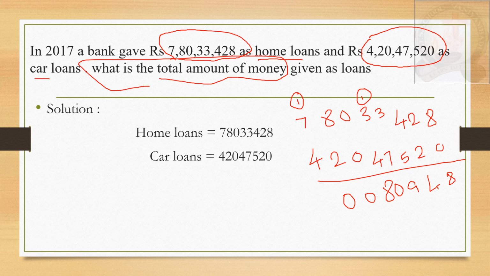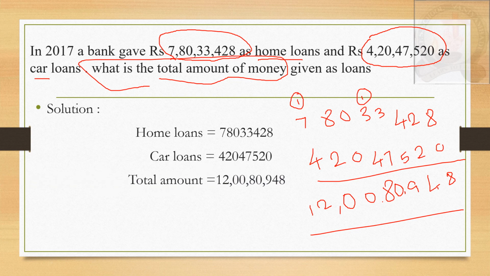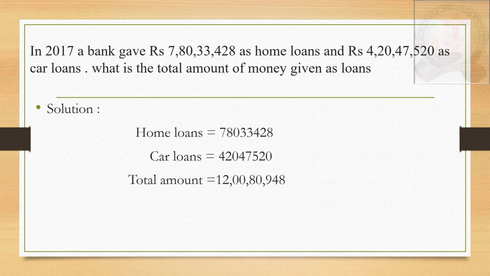So 1 plus 7 is 8, 8 plus 4 is 12. There is no next digit, so you can write 12 as it is. Now if you put commas, the answer will be 12 crore 80 lakh 94,948, children. So the total amount of money given as loans by the bank in 2017 is 12 crore 80 lakh 94,948.